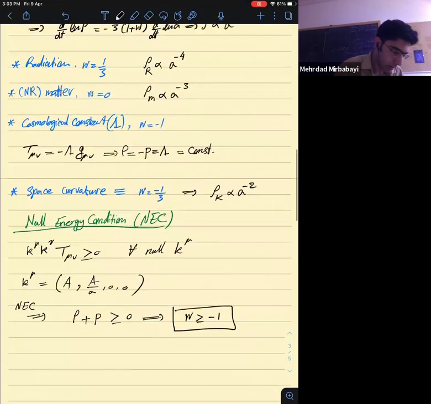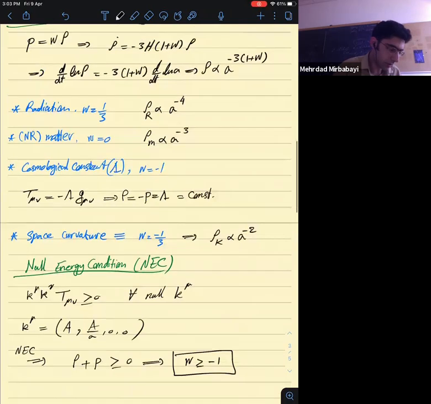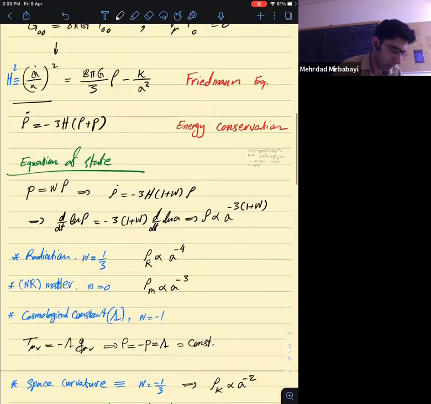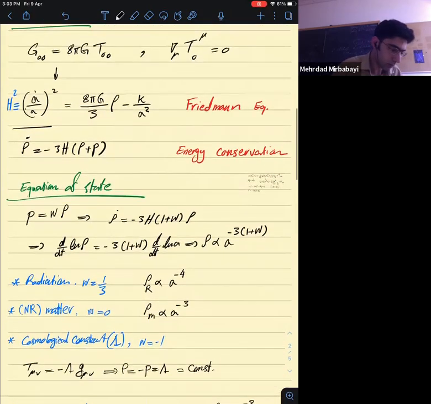Okay, so now given the equation of state, we can solve this system. Of course, we can have multiple components of matter with different W's, or different equations of state.